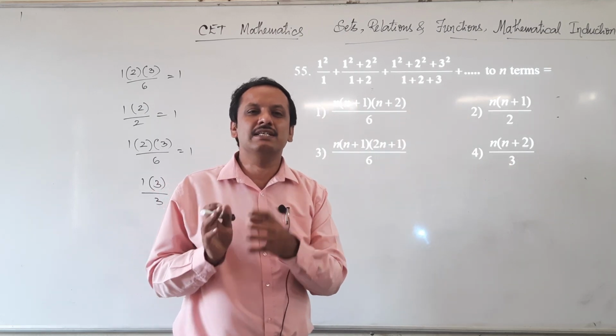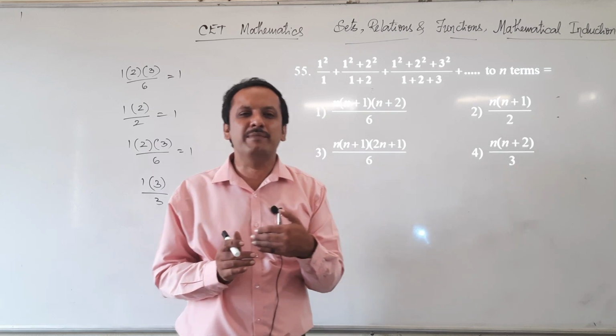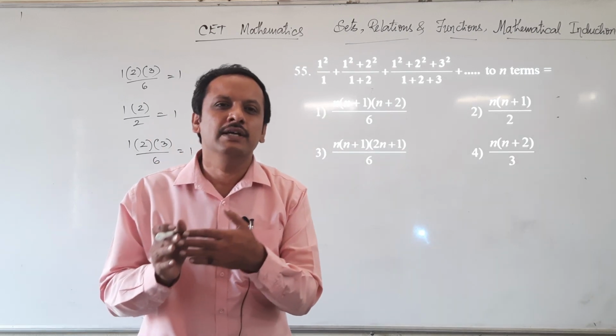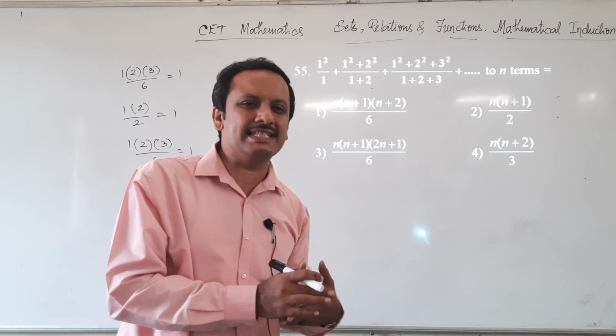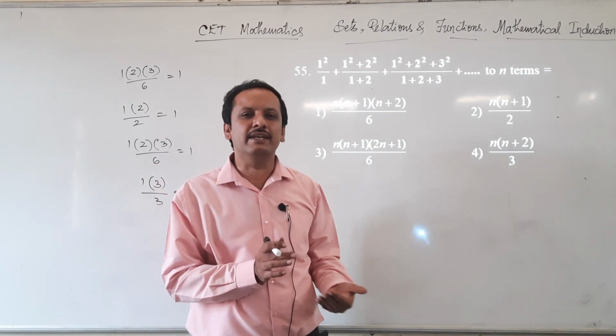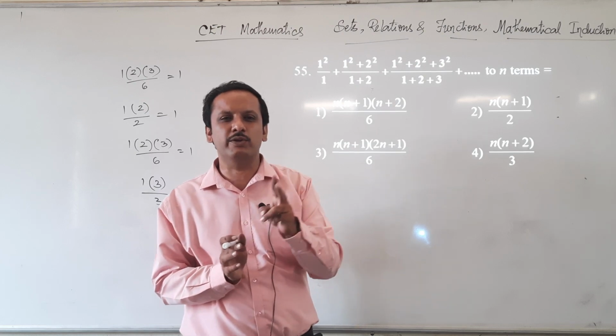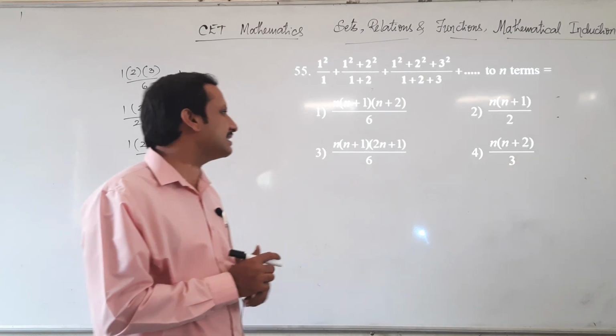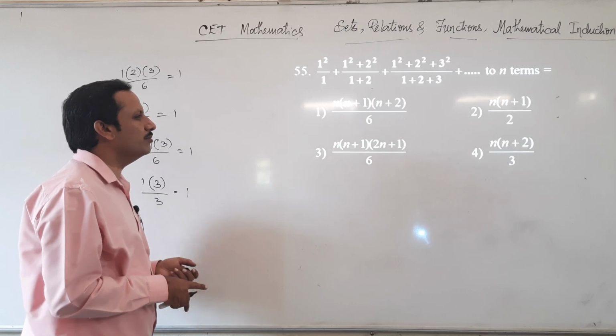Here we need the sum, so putting n equal to 2 means I have to consider the sum of first 2 terms.